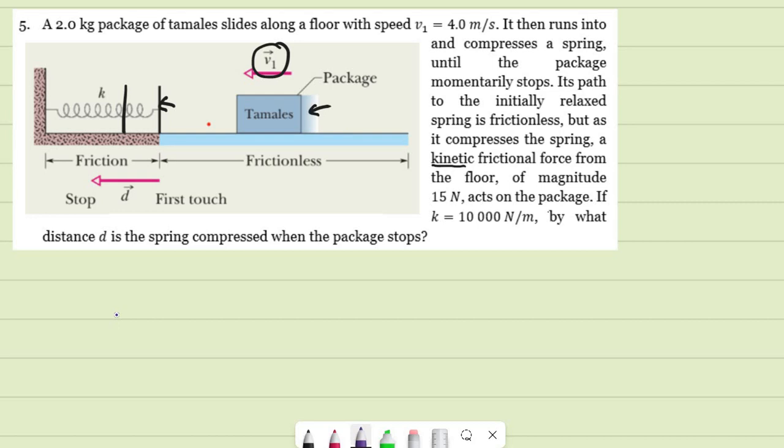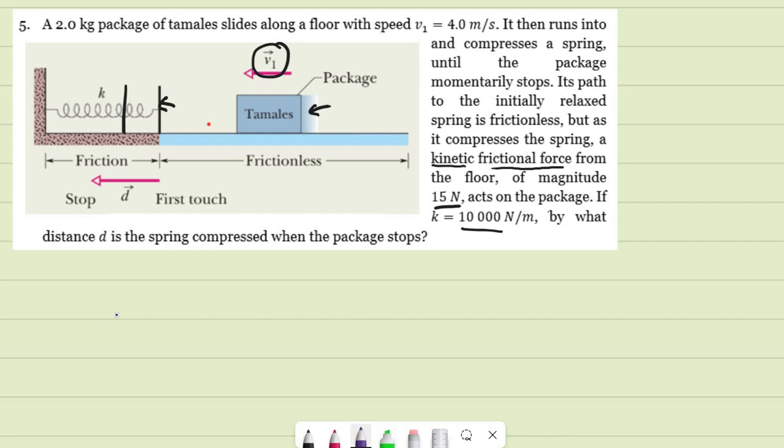So they are telling us the frictional force itself, not the friction coefficient. If K, the spring constant, is 10,000 Newton per meter, what distance d is the spring compressed when the package stops? It's an interesting problem, but it should be an easy one.